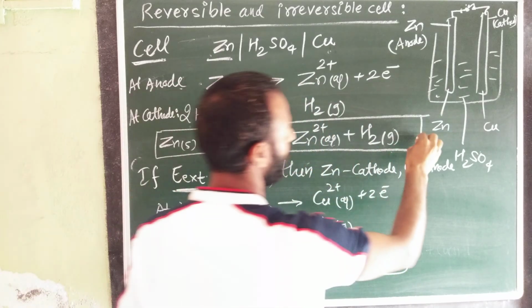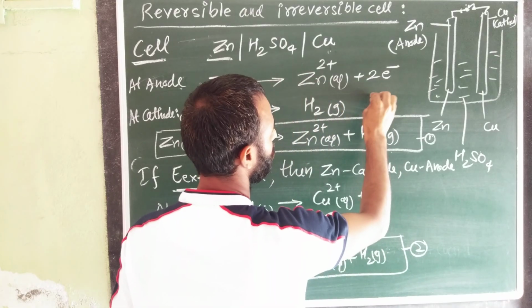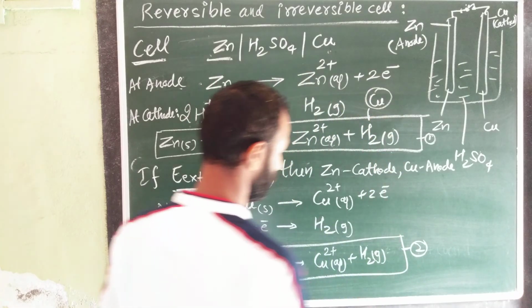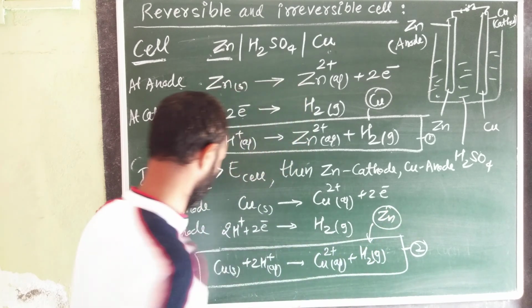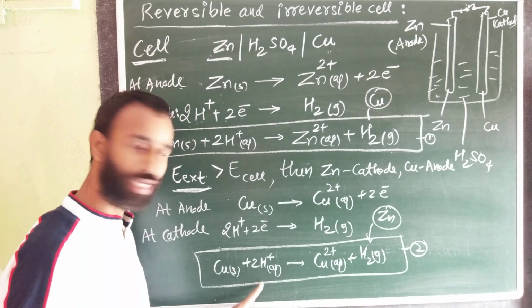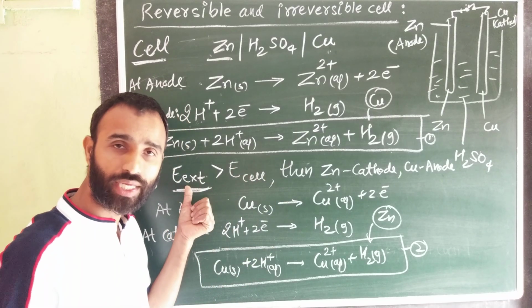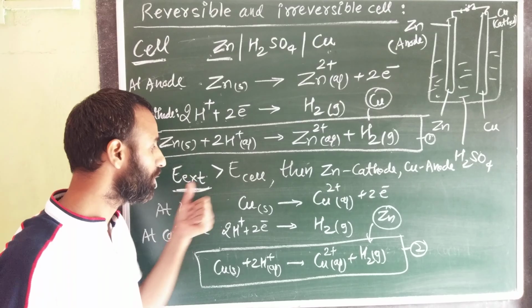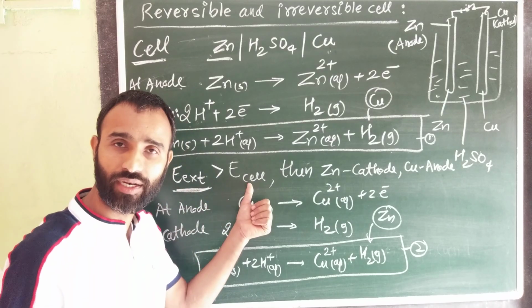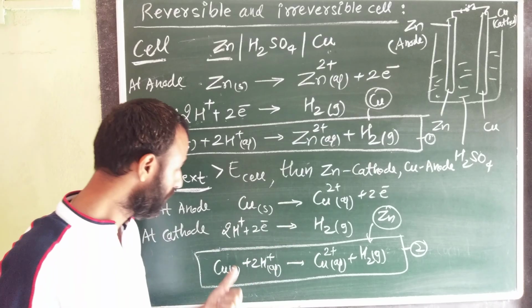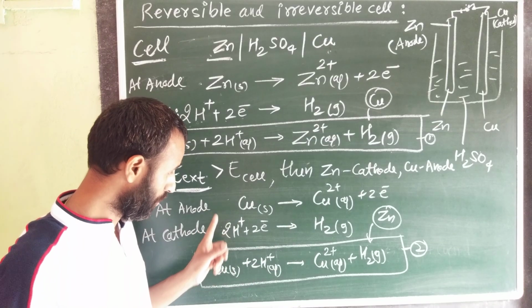So now see reaction 1 and 2. Here H2 is at copper, here H2 is at zinc. Cathode is zinc here. So when the external EMF is greater than E naught cell, the reaction is reversed.